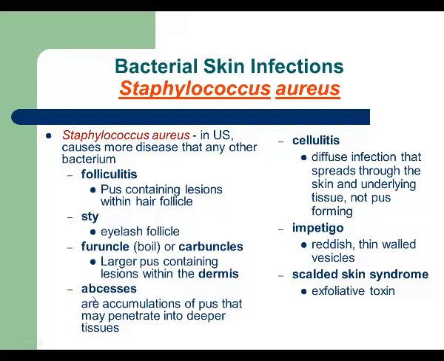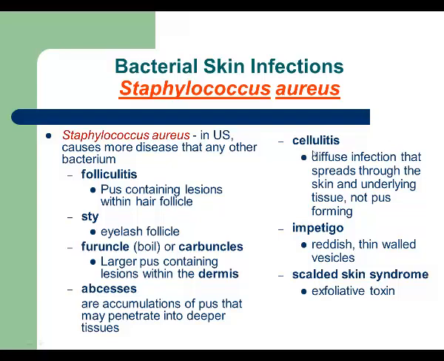And even larger lesions we call abscess. It's an accumulation of pus, and again it usually affects the epidermis and dermis. Extremely dangerous infection. The next one is cellulitis.